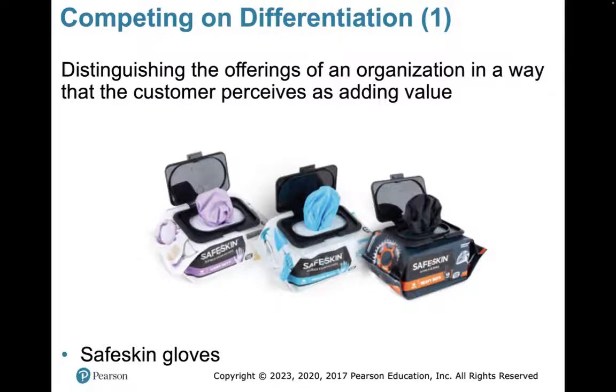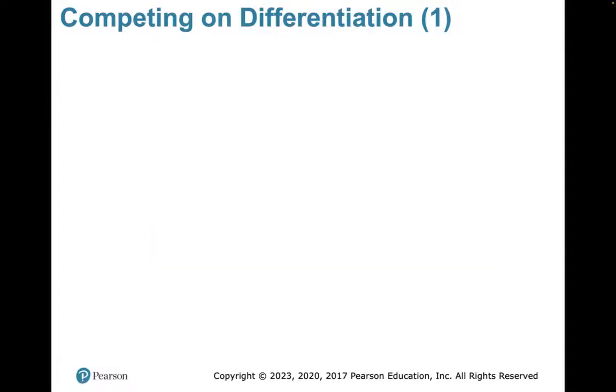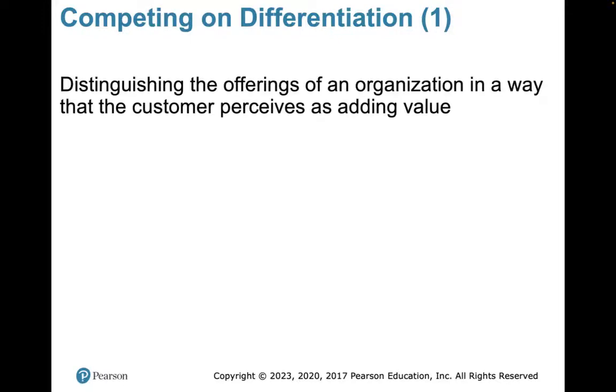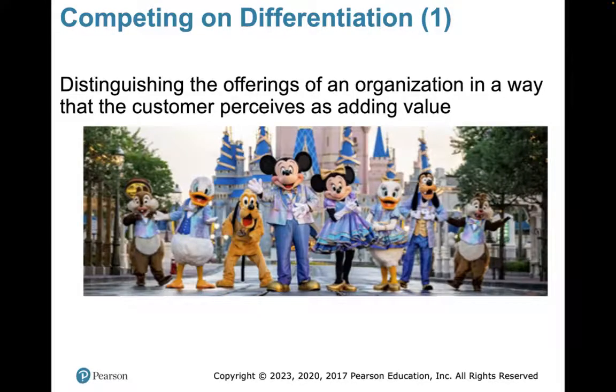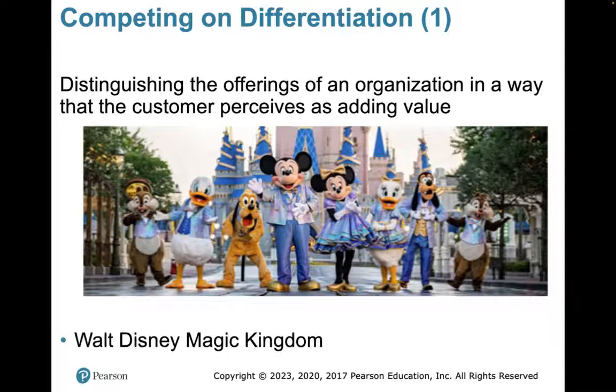Okay. Now, let's use some more examples that are perhaps more familiar to our industry. Okay, so again, the differentiation doesn't have to be the product itself. It might actually be the experience, and we'll talk about this in just a moment, but we'll look at some examples first. So when we think of Walt Disney Magic Kingdom, okay, this is obviously a very unique experience, and this is why they are successful, because they are competing on being unique, and they do a really great job of doing that.